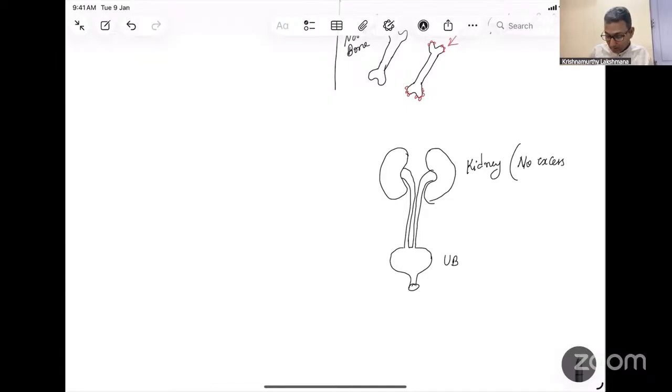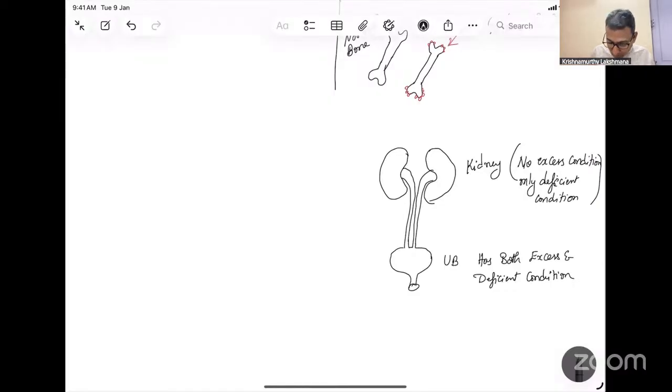Only deficient condition. But UB has both excess and deficient condition.